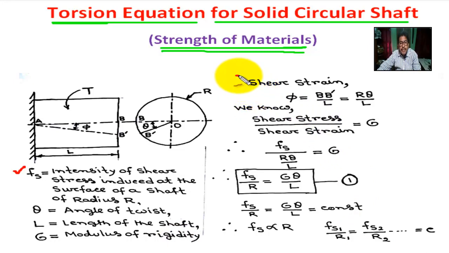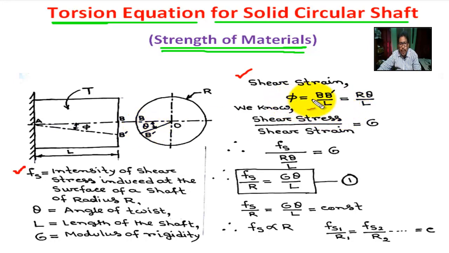Now, shear strain phi, where phi means the angle of distortion, equals B dash by L. Actually, shear strain equals tan phi, and as phi is very small, tan phi equals phi, which equals B dash by L, where AB equals L. In side view, B dash equals R theta.